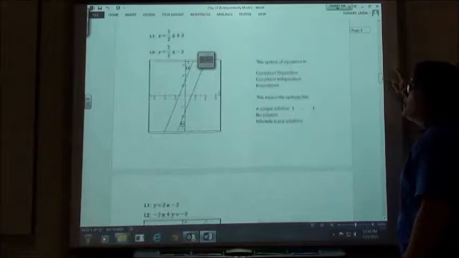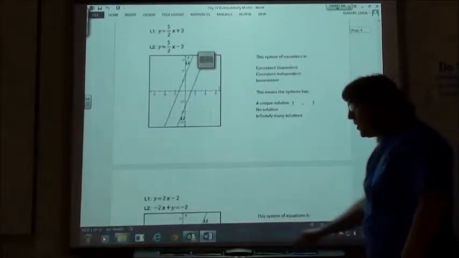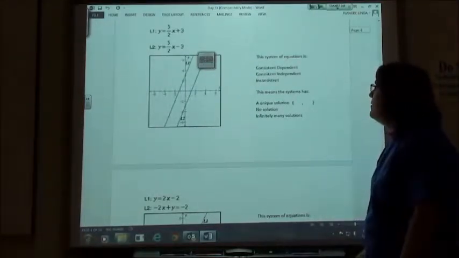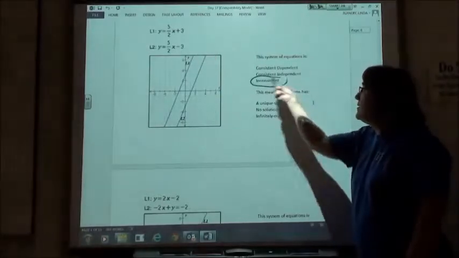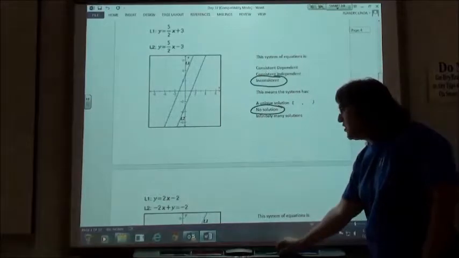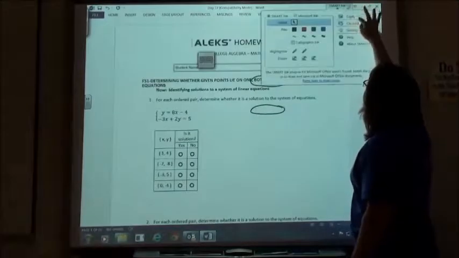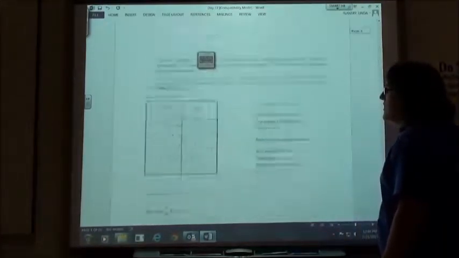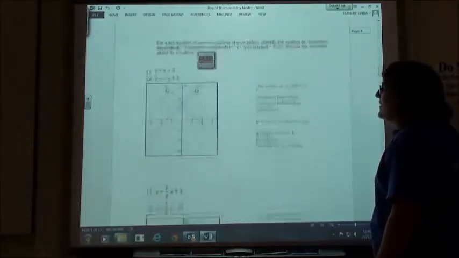The second one on number 5, I've got those two lines that are parallel, so those are inconsistent and have no solution because they never touch each other.